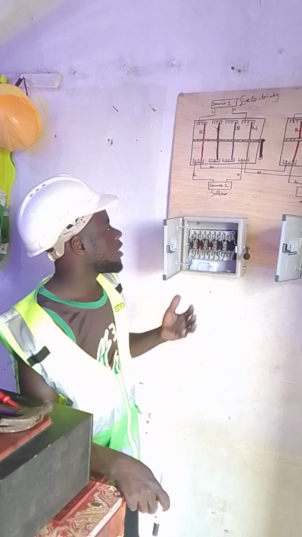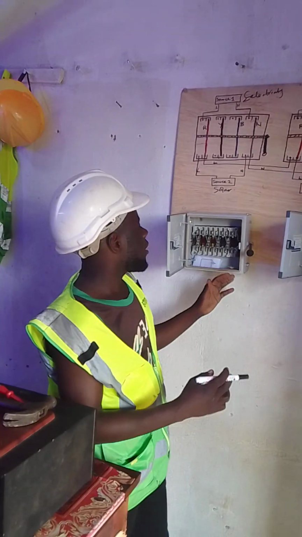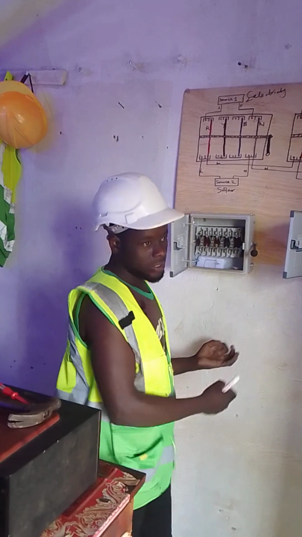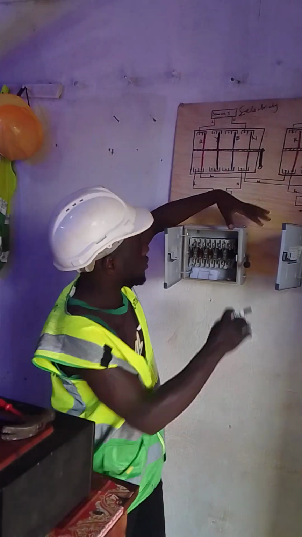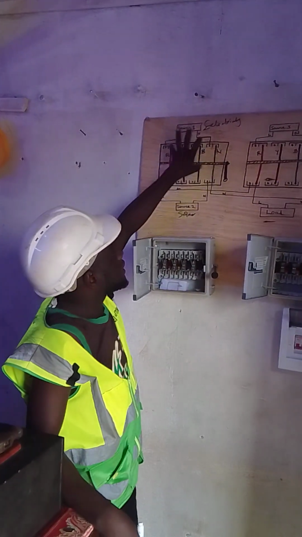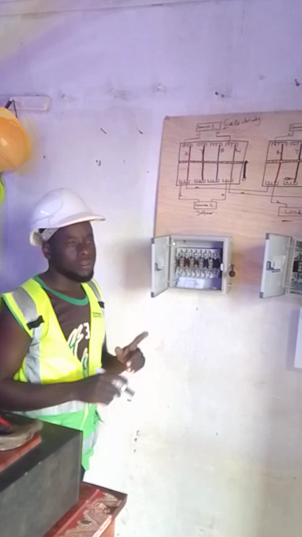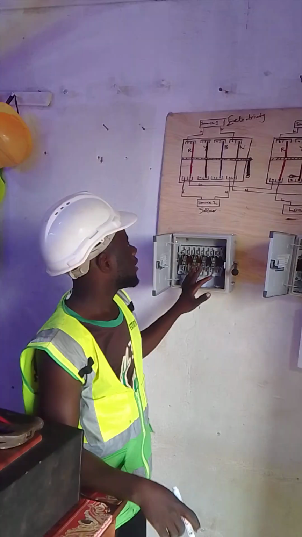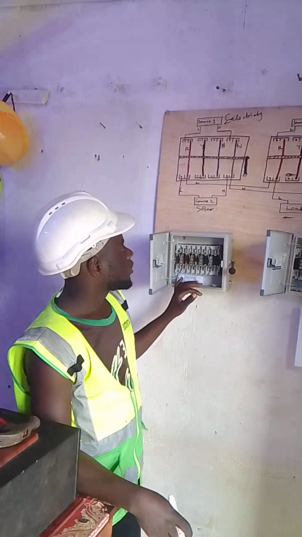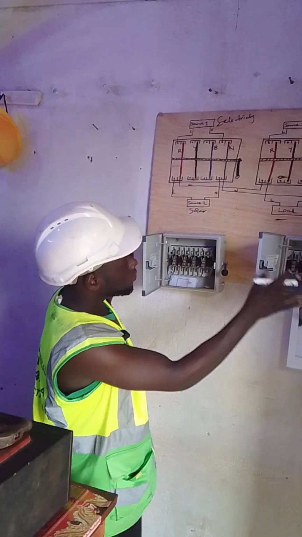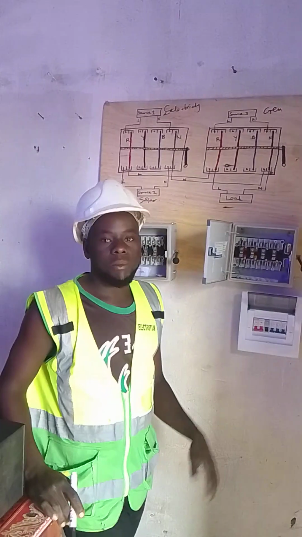In some areas we have only one changeover where we have only the output terminals, and all these connections that we did here, we only do on a single changeover. We have those kinds of changeovers, but it's rare to get. So for this case, you can use two changeovers for connecting the three sources of power supply.